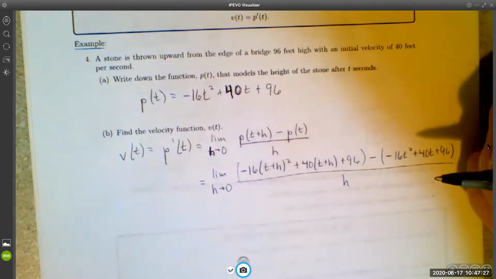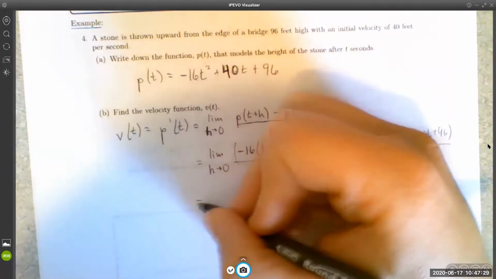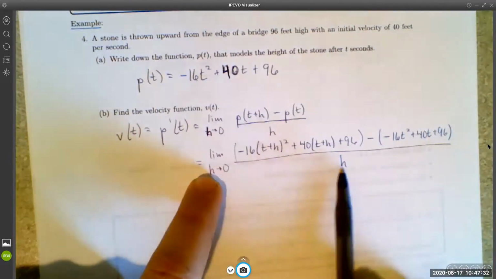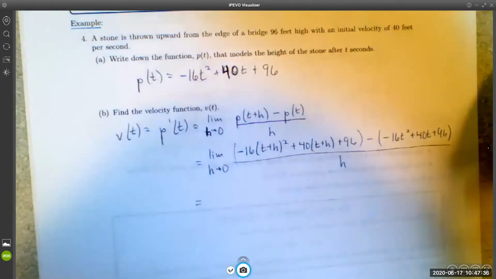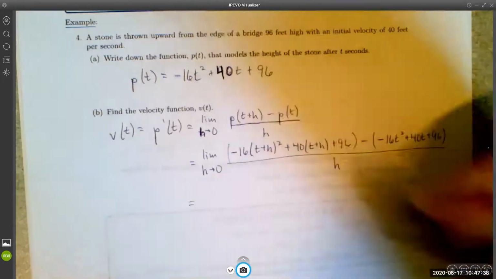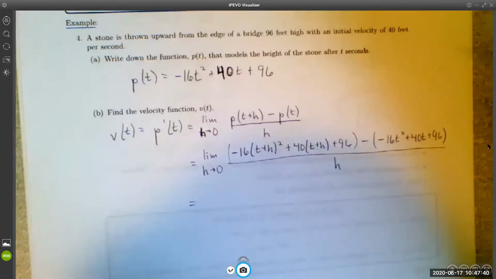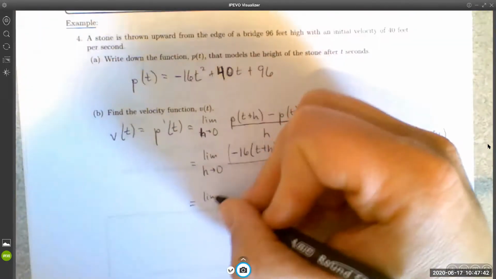Okay, a lot of simplifying to do here. Obviously, I can't just plug in 0 now because I'm going to get 0 in this denominator, and that's going to be undefined. So I need to do some simplifying to see if I can cancel this h down here in the denominator. Let's see.